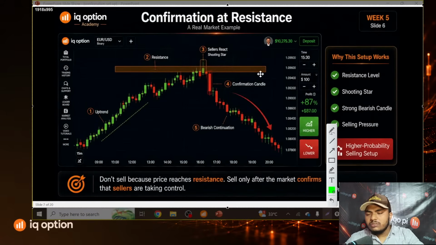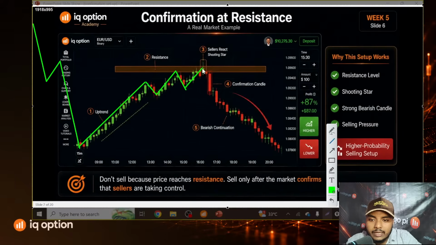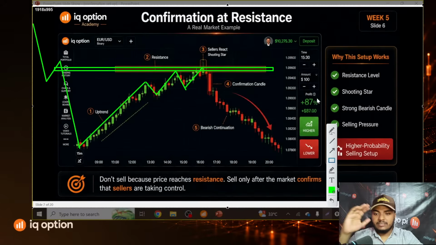Suppose there was a downtrend before. Suppose there was a very good downtrend before like this, and market is here. And from here to here, we get a very good, a long pullback area. Suppose in this area we get a very good resistance zone. After getting this resistance zone, if you focus here, market is moving in the upward direction, making higher highs and higher lows, because this is an internal structure though.